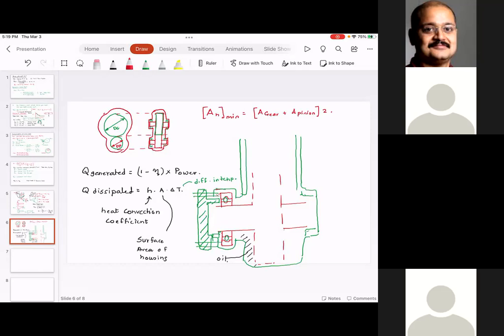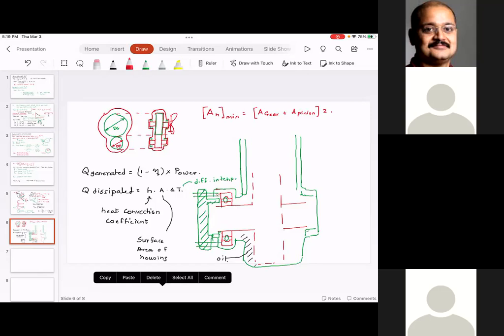Now value of H is the heat transfer coefficient or heat convection coefficient. It depends upon whether there is free convection or there is forced convection, which means if this gearbox has some type of a fan, so some gearboxes have some type of a fan attached to the shaft. So what happens is, as this fan rotates, the air is continuously forced to move over the casing.